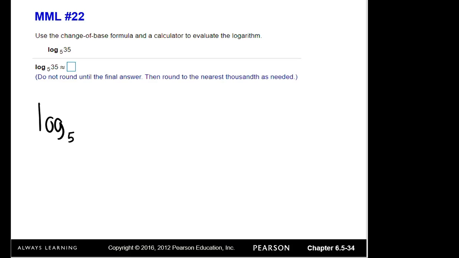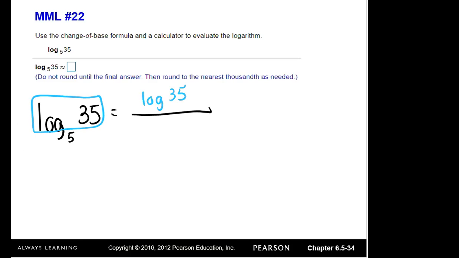Log base 5 of 35 is going to equal, I'm going to take the log of the 35 and divide it by the log of 5. Remember, these are both base 10s.